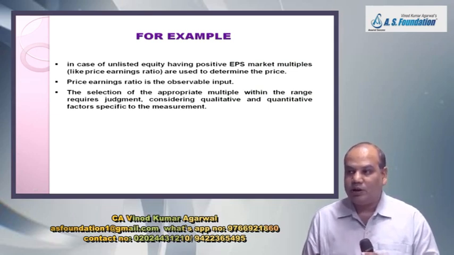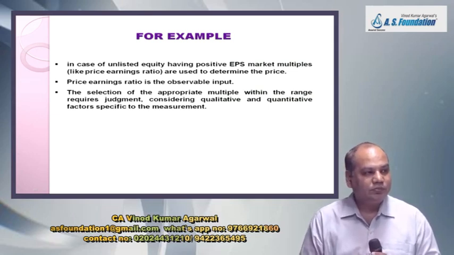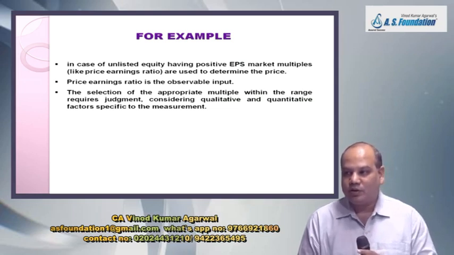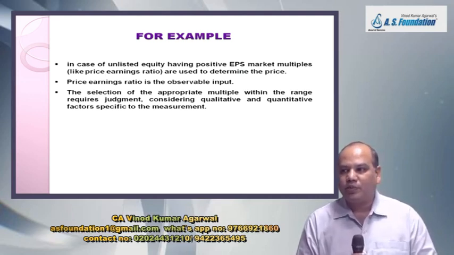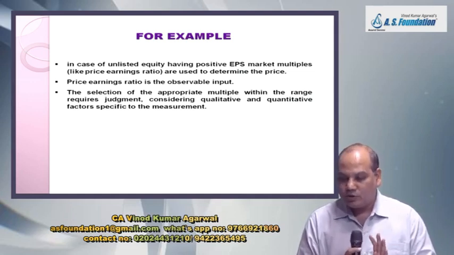In valuation, many multiples are used. Which are the other multiples you have learned? One is the PE multiple, another is the book value multiple. Formula for book value multiple: market price upon book value per share.